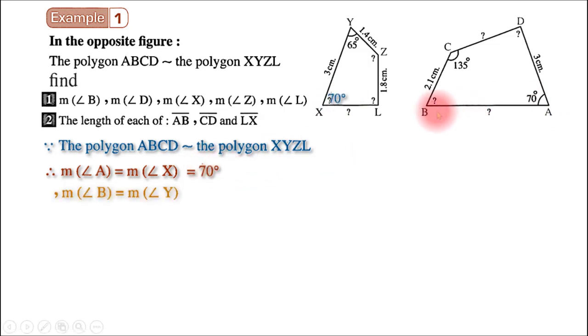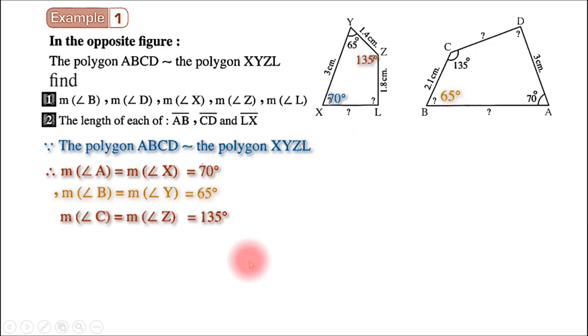The measure of angle B will equal the measure of angle Y, which equals 65 degrees. And the measure of angle C equals 135, therefore the measure of angle Z also equals 135.